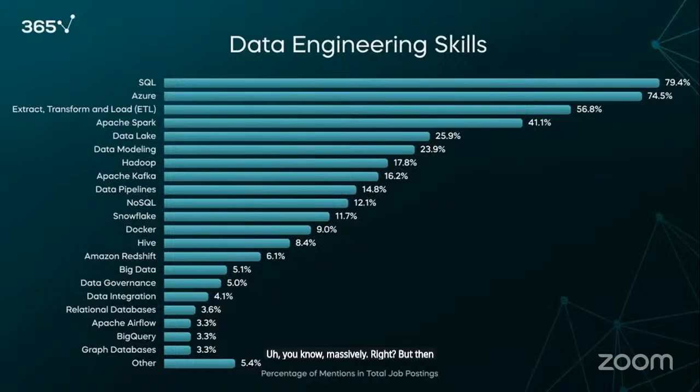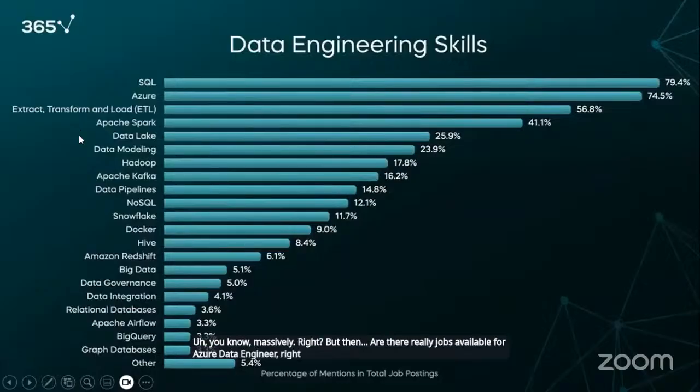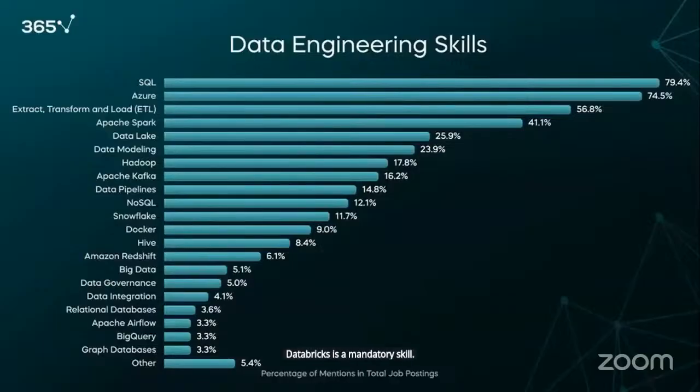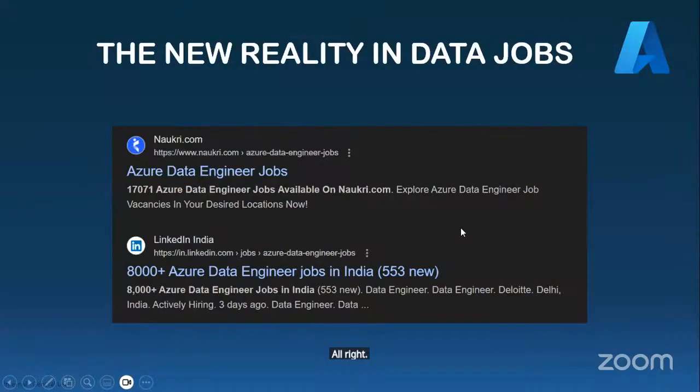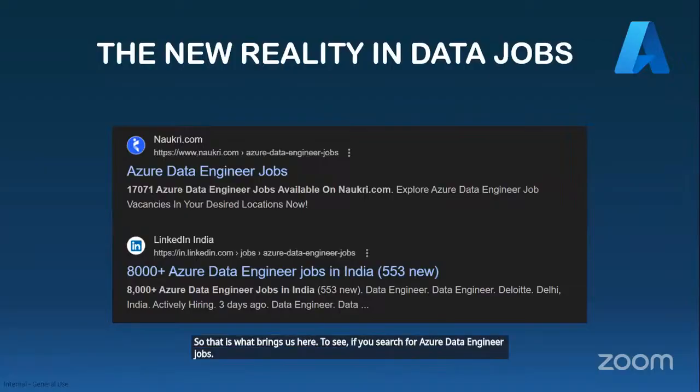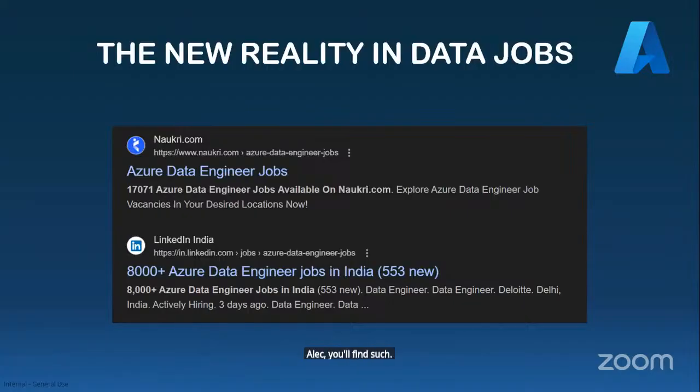But then, are there really jobs available for Azure data engineer, right? Because if you're wanting to become an Azure data engineer, Databricks is a mandatory skill. PySpark is a mandatory skill. All right. But are there jobs actually? So that is what brings us here to see if you search for Azure data engineer jobs, all right, you'll find such reports 17,000, 8,000 plus, right?